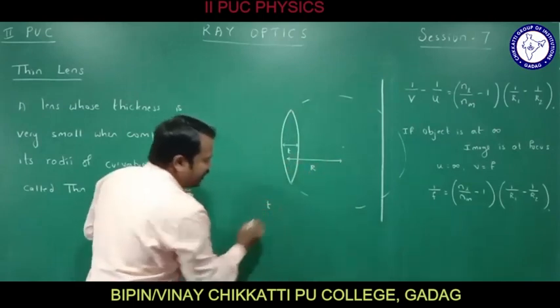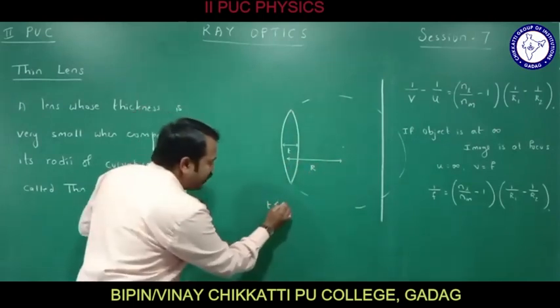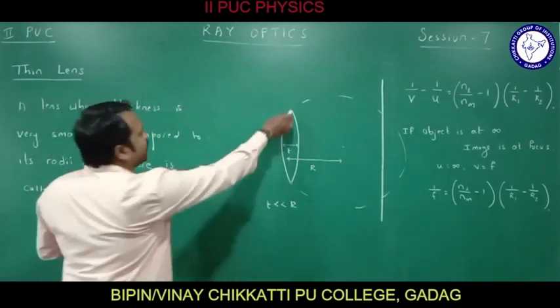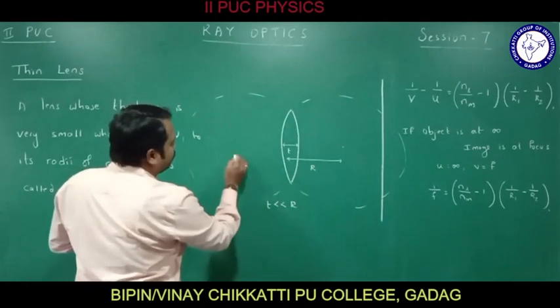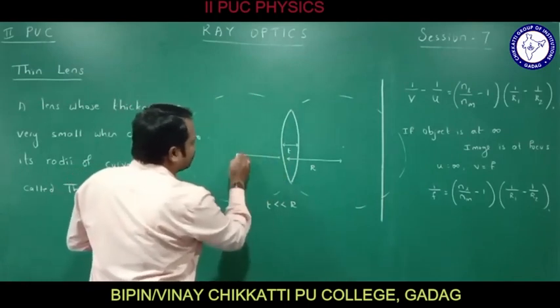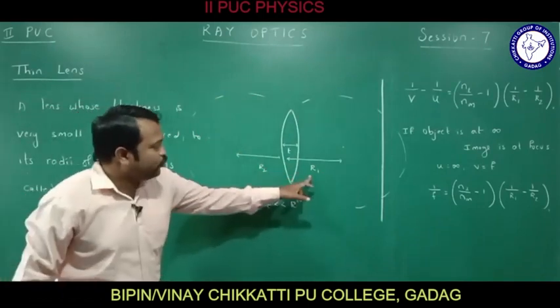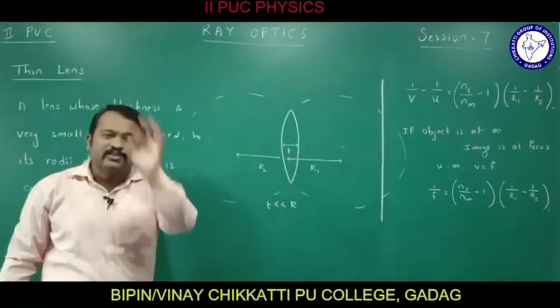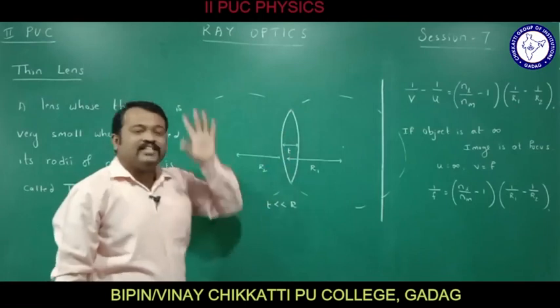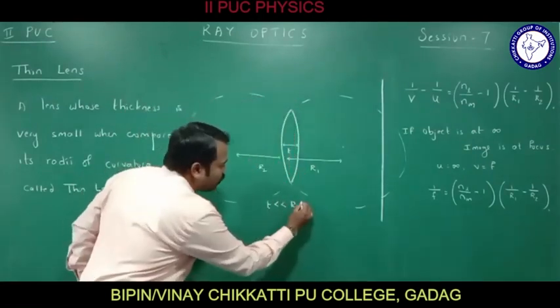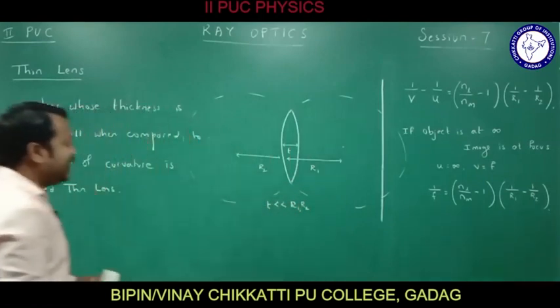We will get another radius here, right? This is the center, and let me consider this R1 and this R2. If I compare R1 and R2, if the thickness is very small, then this kind of lens is called a thin lens, right? So thickness is very small when compared to radii of curvature.